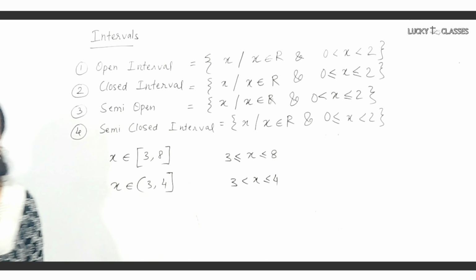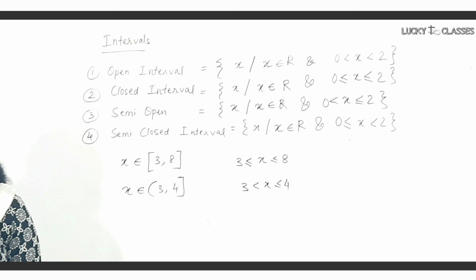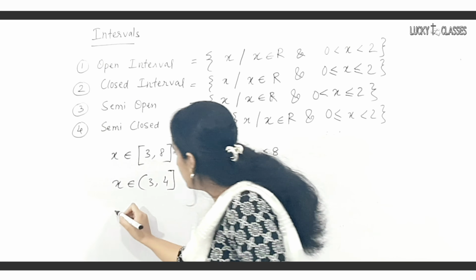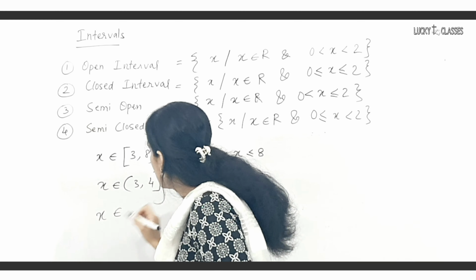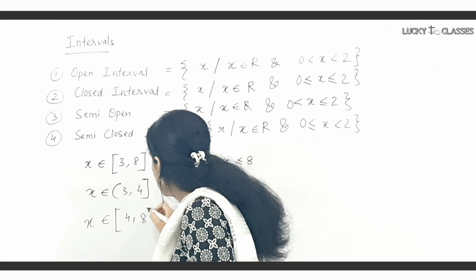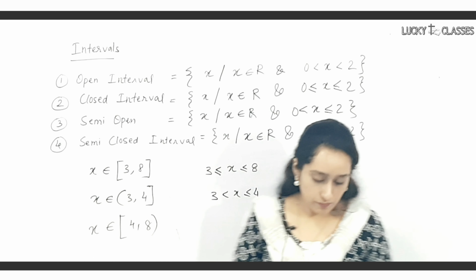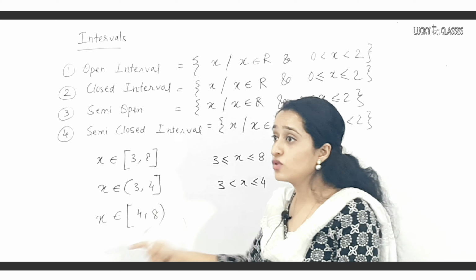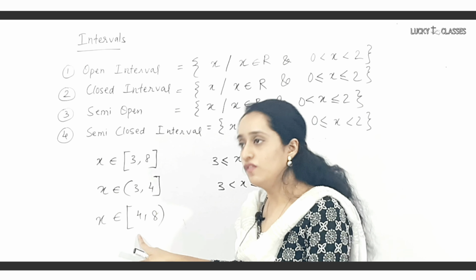Perfect. Next, Vaishnavi. If I write x belongs to this, how are you going to read this? x belongs to semi-closed interval 4, 8.